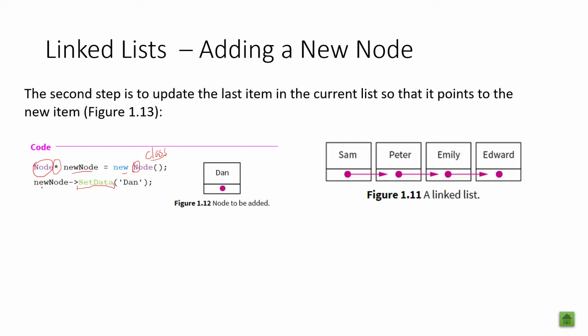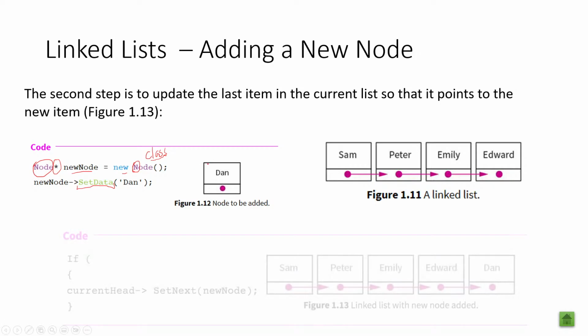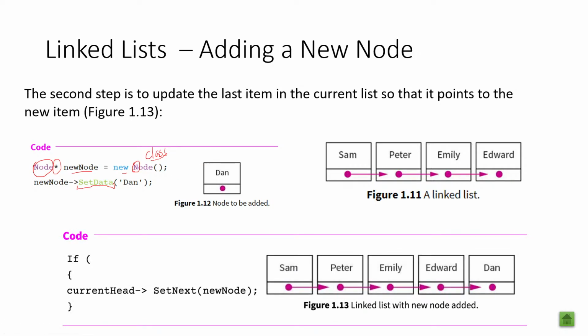So for example, new node calls set data and passes Dan. So Dan is then attached or added into the structure itself. So Edward has no pointer going from it, and that connects to Dan, and Dan becomes the head of the linked list.